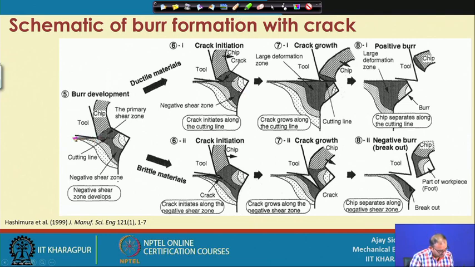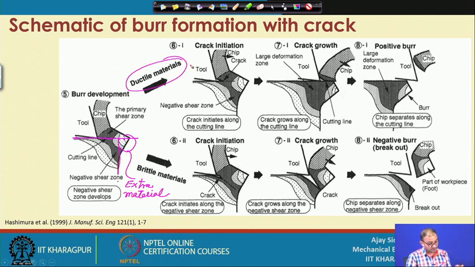Now our objective is to cut material from this, and this also. So this is the extra thing, extra material. Alright, so now we have two zones, one is the ductile material.